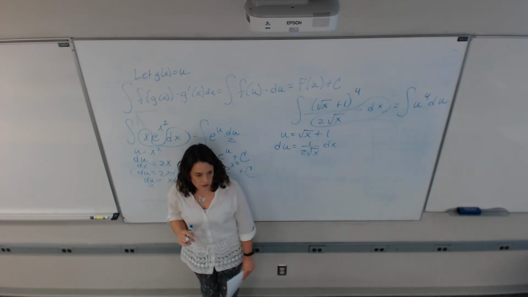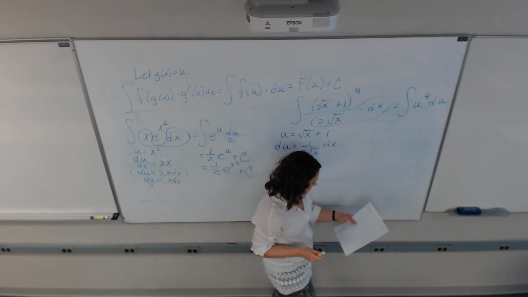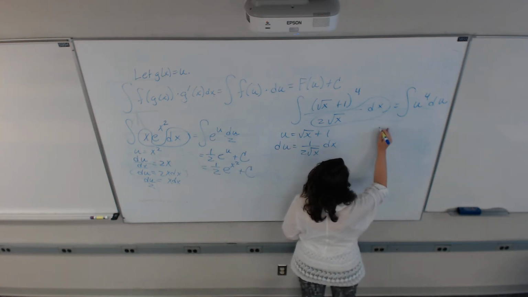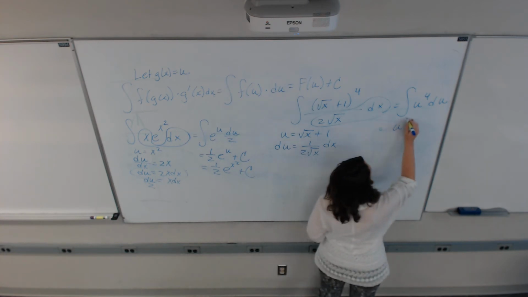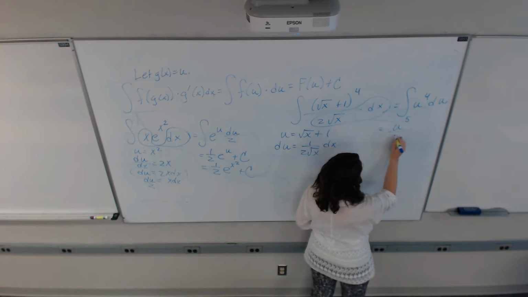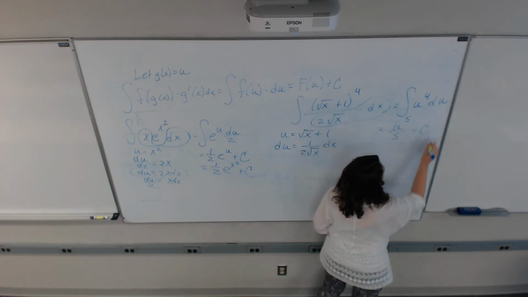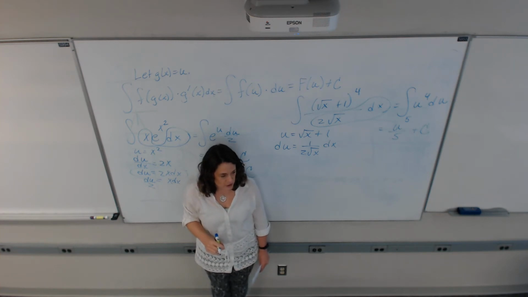What is the integral of u to the 4th du? What do you do to the power? Add 1 and divide by it. You guys are like, okay, don't let it freak you out. It's the same power rule in reverse, right?